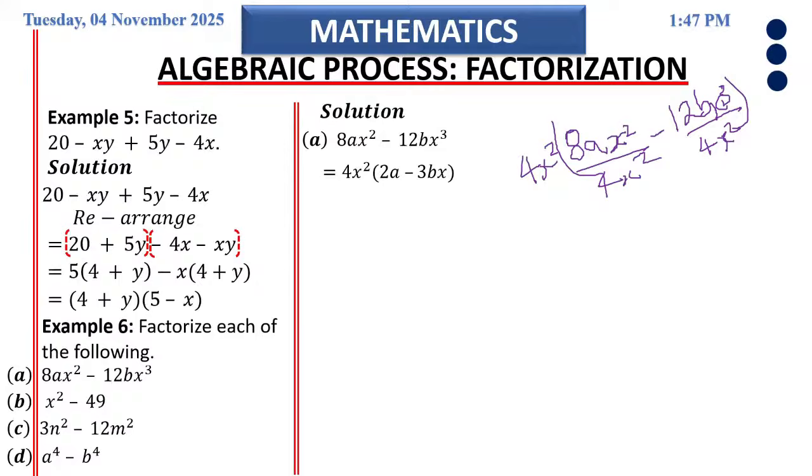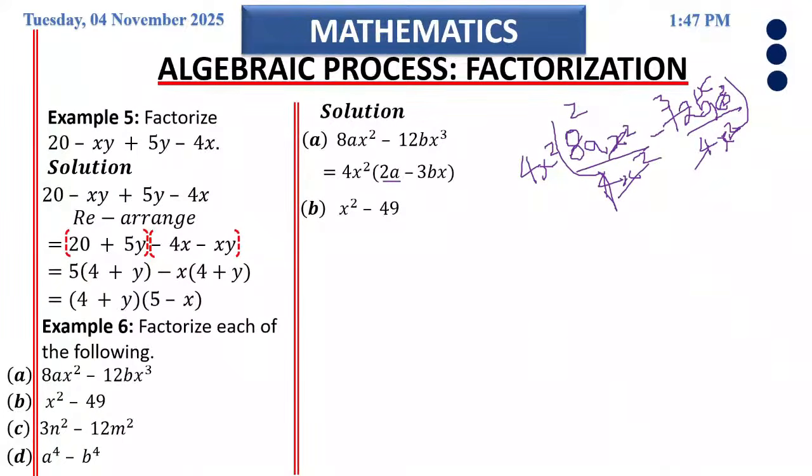So by this, what do we have? 4 here, 2, x squared cancels x squared. So that means we are left with 2a. Same thing happens here. 4 here, 3, and x squared in x cubed will give us x. So that's why we are left with 3 minus 3bx. Okay? So it's as simple as that.